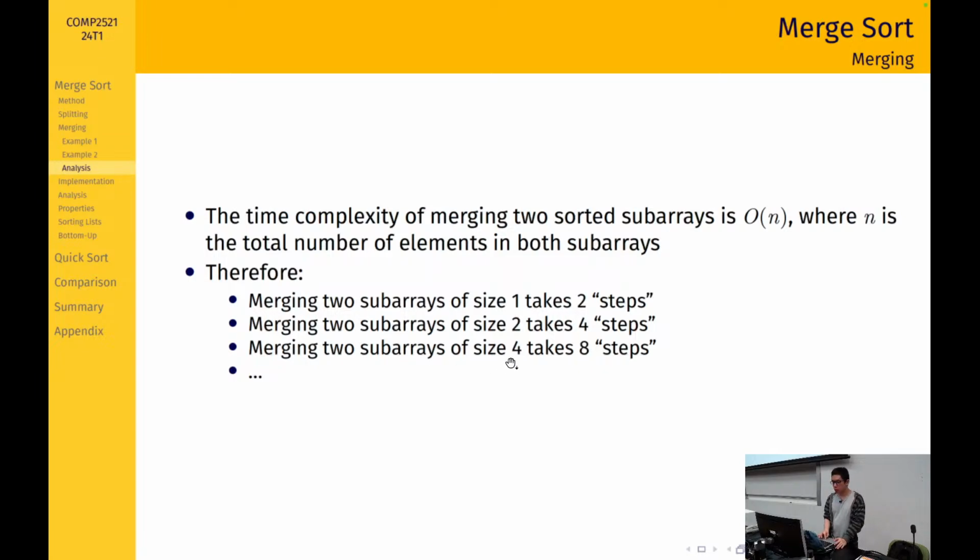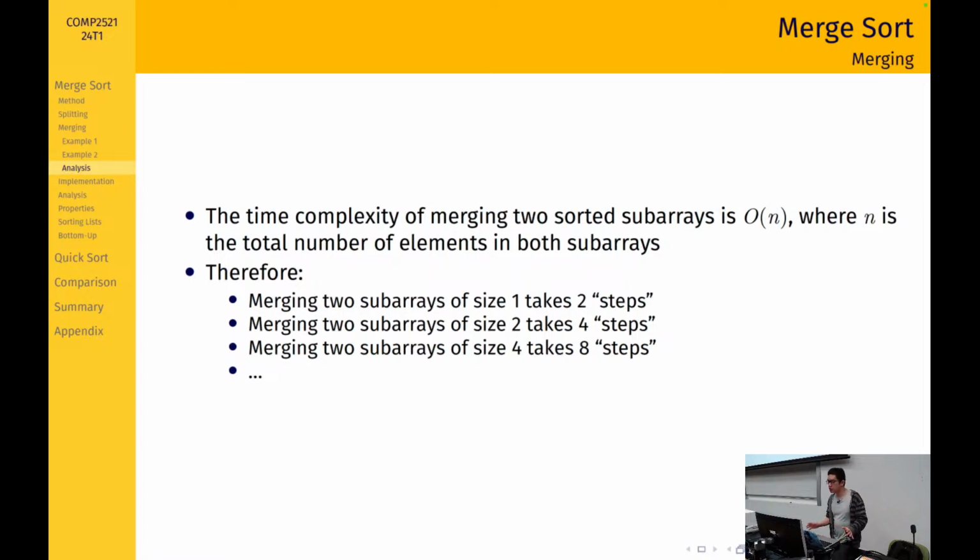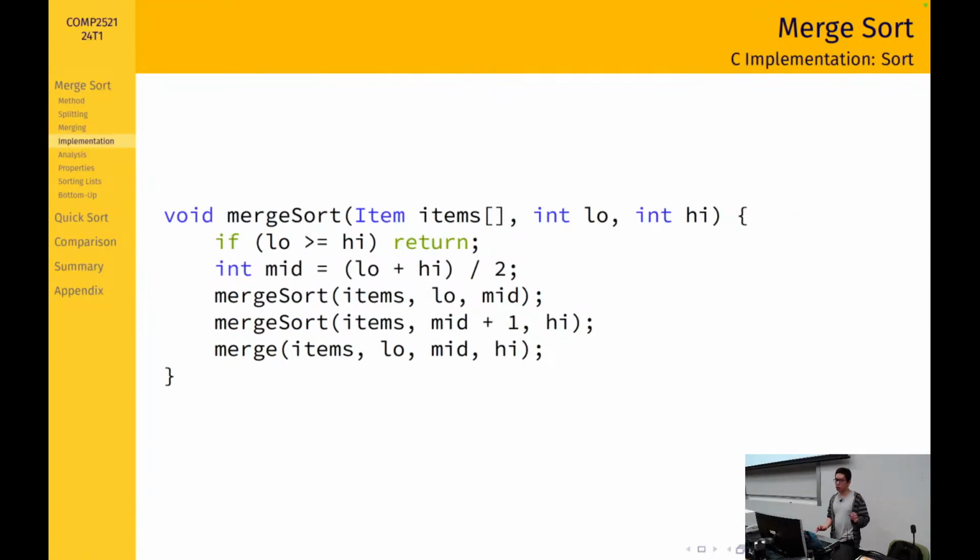If we merge two subarrays of size 4 into a subarray of size 8, then that's going to take about 8 comparisons. So that's the analysis of merging, and that's going to factor into the analysis of merge sort as a whole. But before that, here's the implementation of merge sort.